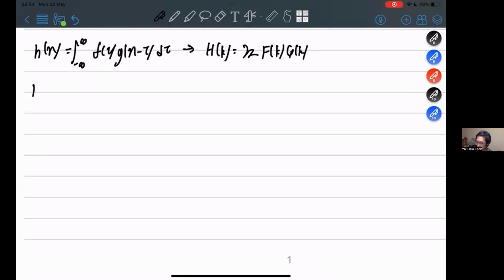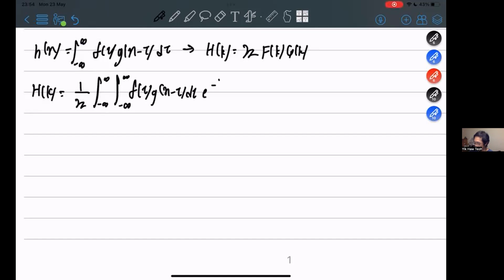So what are we going to do? The first thing we do is our normal Fourier transform. 1 over 2 pi, the integral from negative infinity to infinity, and we copy down h of x. We get the integral from negative infinity to infinity of f of tau, g of x minus tau, d tau, e to the negative ikx, and dx.